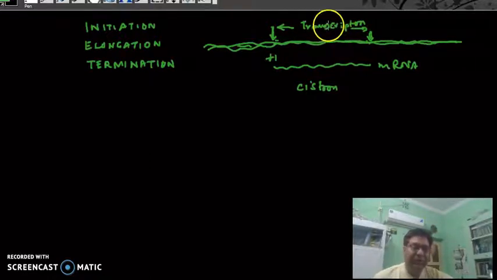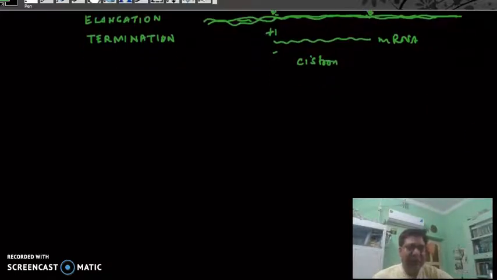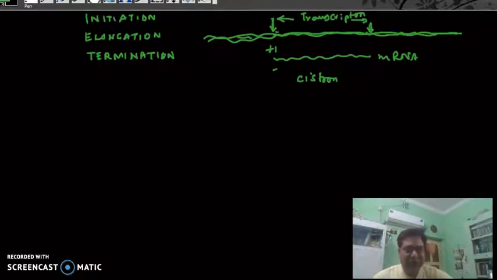So transcripton means a transcription unit. A transcription unit comprises a start site up to a termination site. The sequence of DNA present between the start site of transcription and its termination site is a transcription unit or a transcripton. So there are many transcriptons in both prokaryotic and eukaryotic systems.